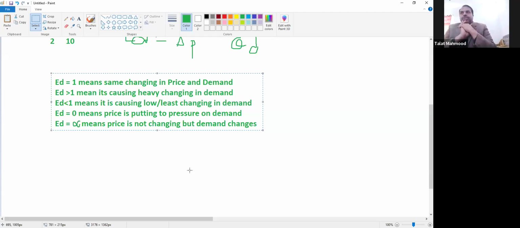Elasticity of demand equal to 0 means demand is not changing by the price. Elasticity of demand equal to infinite means price is not changing, but demand is fluctuating. So it is either not affected by the price, or it is highly affected by the price. Is it clear, Haryshaa?